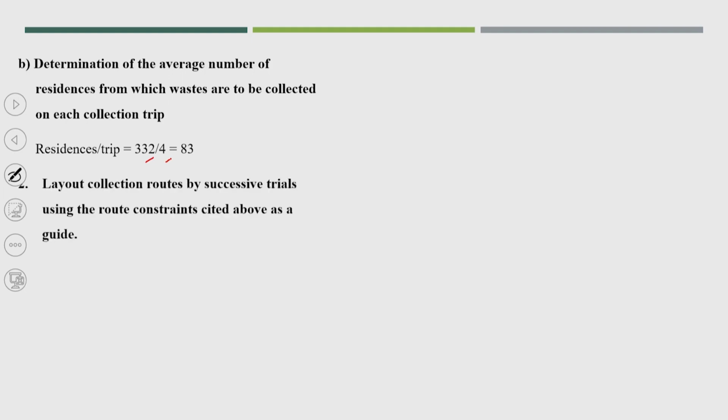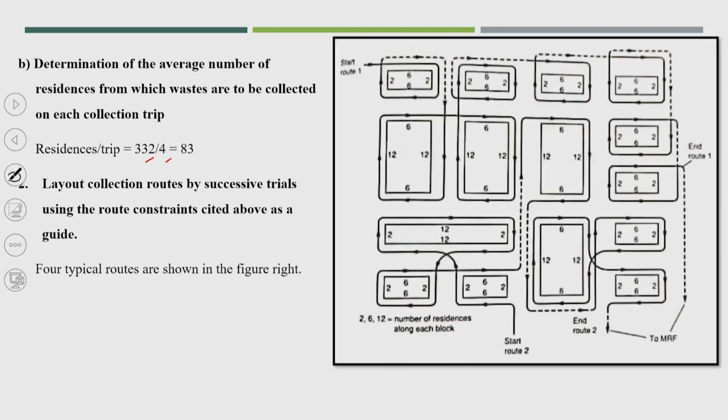Now, we will lay out the collection route by successive trials using the route constant cited. So, you can see 4 typical routes here.